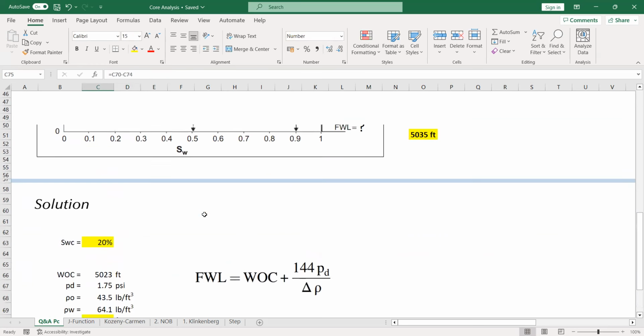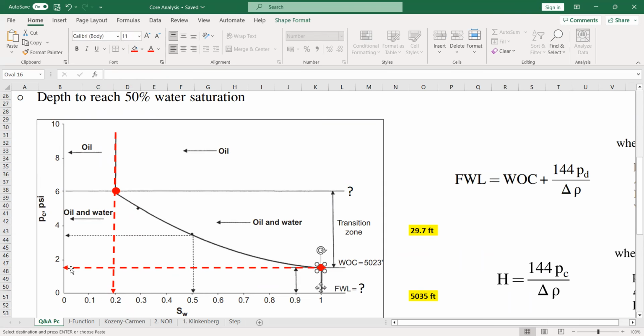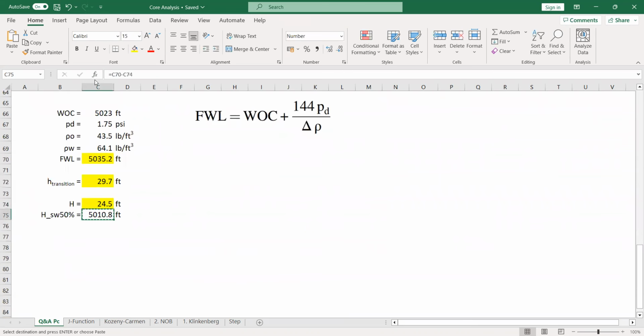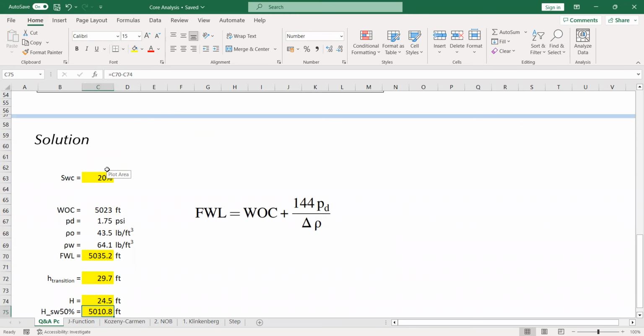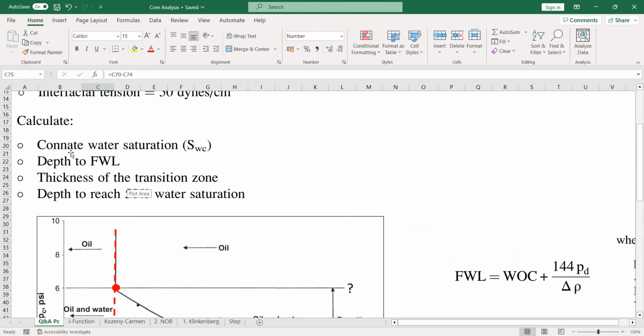Okay, so this is actually the depth here. Yes, so the location of the water saturation of 50% here, the depth is at 5,010.8. All right, so that's the solution.